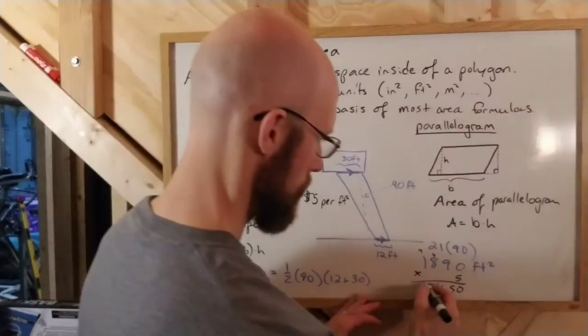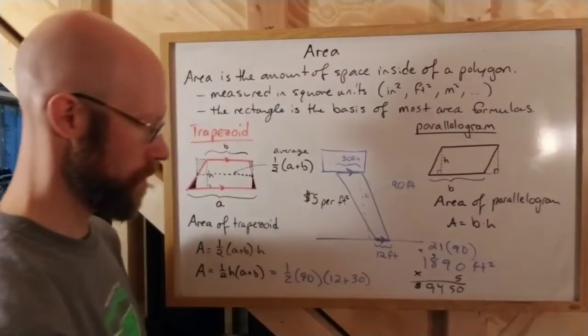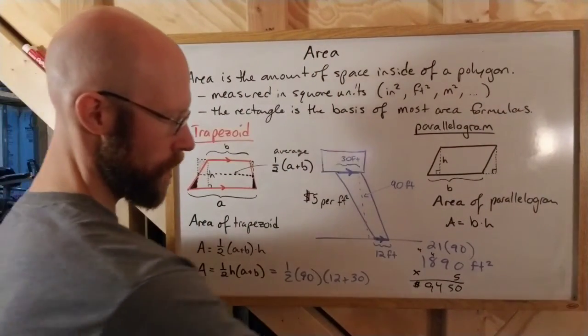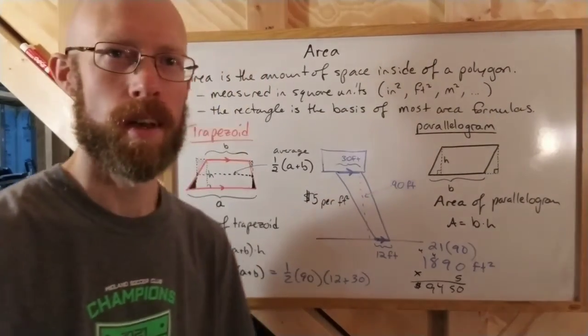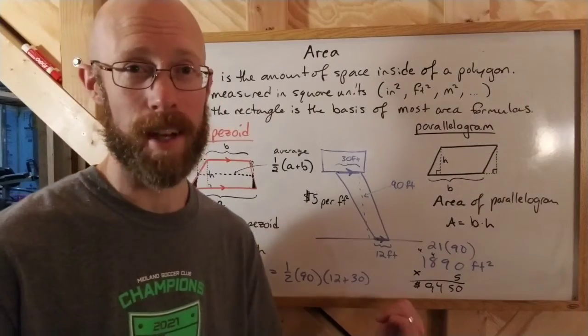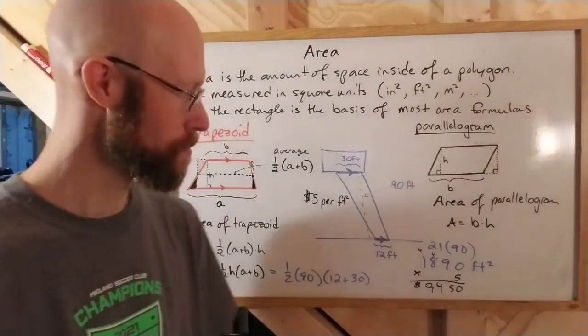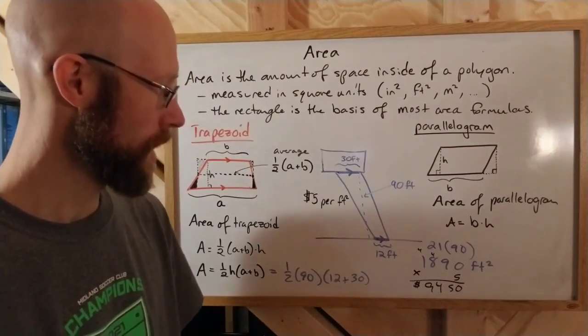Okay, so it's a nearly $10,000 driveway. I feel like that's high. It must have been more like $4 a square foot, something like that. Concrete ain't cheap, right? That's expensive.